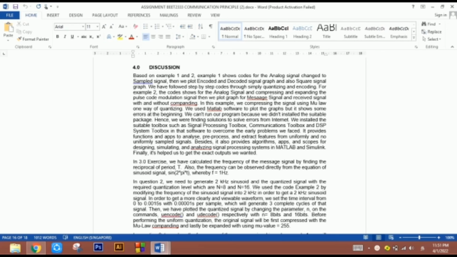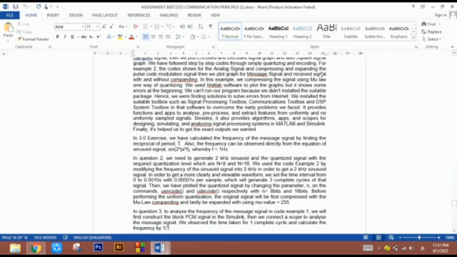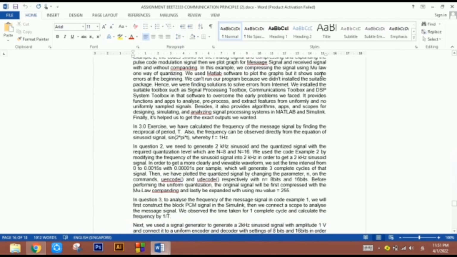The frequency can be observed directly from the equation of the sinusoid signal, sin 2 pi t, whereby the frequency is 1 Hz. In order to get a clearer and more viewable waveform, set the interval from 0 to 0.0015 seconds with 0.00001 seconds per sample, which will generate 3 complete cycles of that signal.